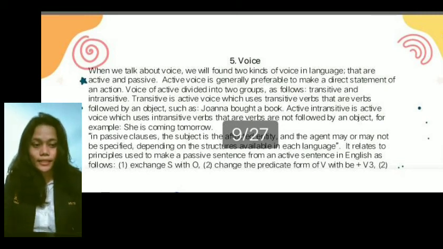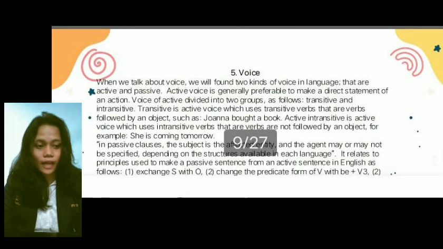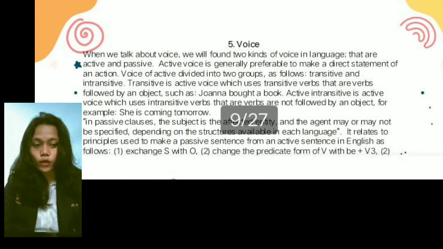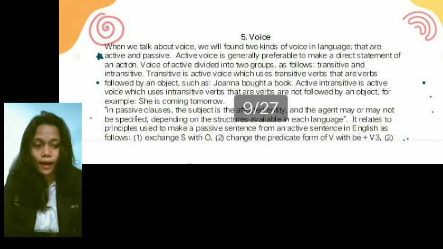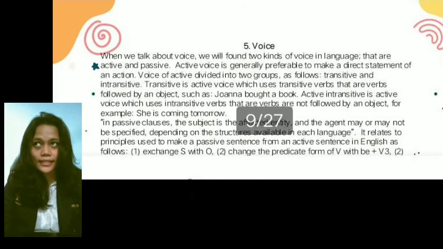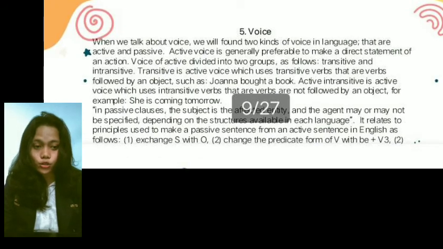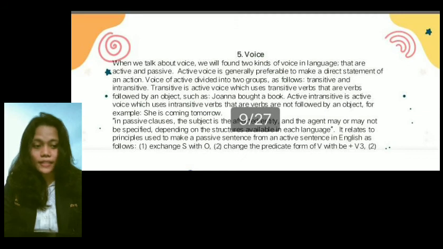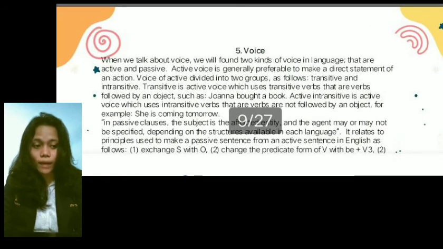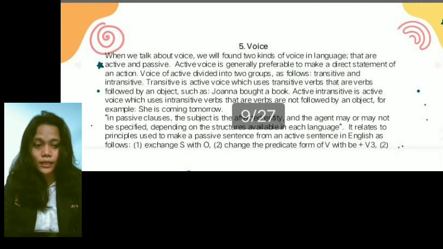Transitive is active voice which uses transitive verbs, that are verbs followed by an object, such as Joanna bought a book. Active intransitive is active voice which uses intransitive verbs that are not followed by an object. For example, she is coming tomorrow.